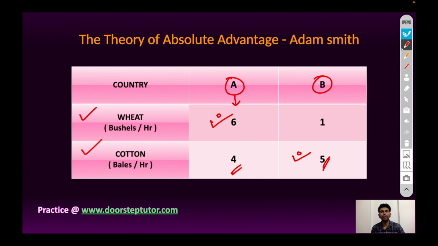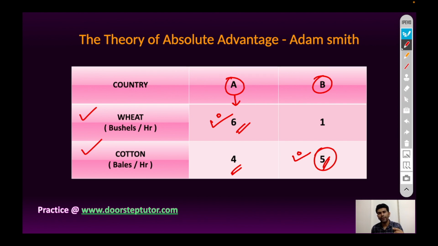So according to the absolute advantage theory, country A should produce wheat and export to country B, and country B should produce cotton and export to country A.